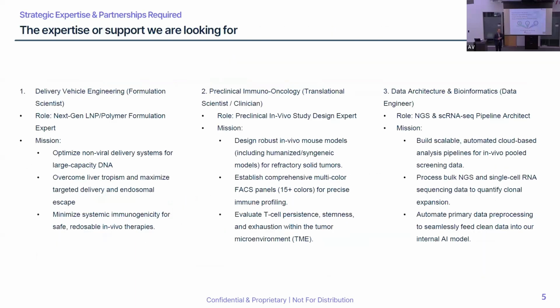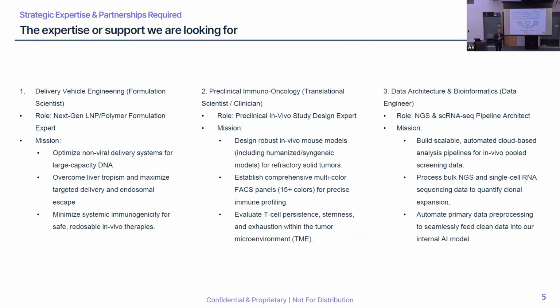As a new startup company, we are looking for how we can partner with other companies who have expertise in DNA delivery vehicles, so that we design our DNA and then incorporate their delivery vehicles to make a therapy.